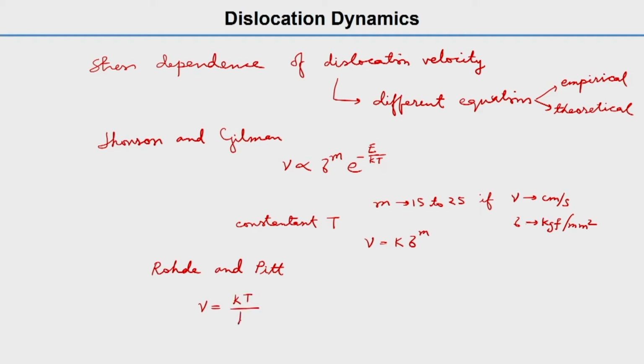So this is kT by h capital K exponential minus delta H by small k, the Boltzmann constant, and then exponential b tau A minus tau I divided by kT.